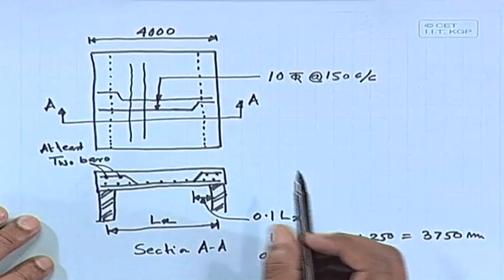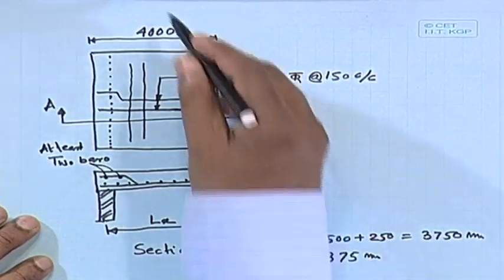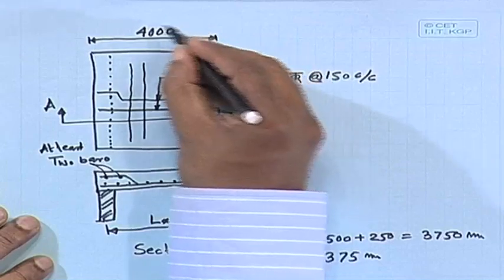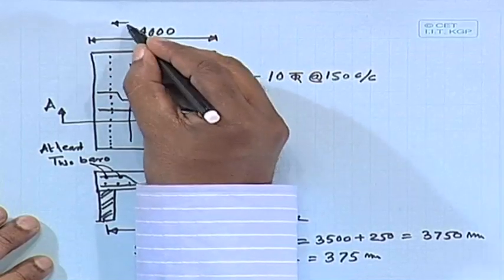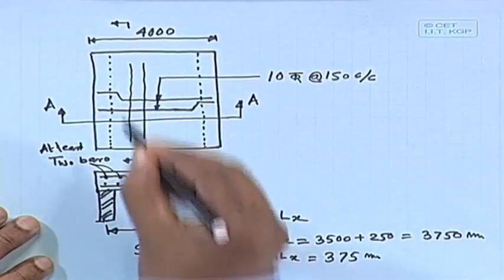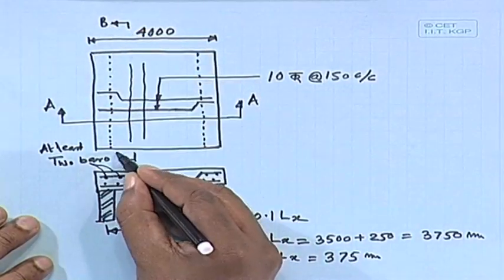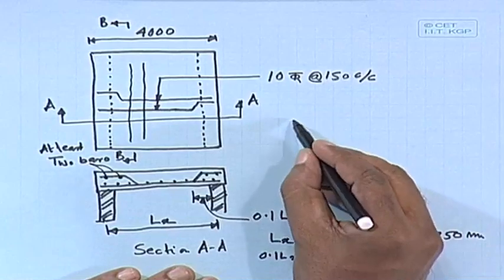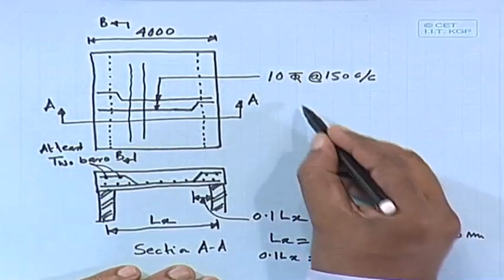Now, what about the other side? That means I can take another section, that is BB, and which we can provide here, though it is not a good choice. Generally, we provide somewhere here.